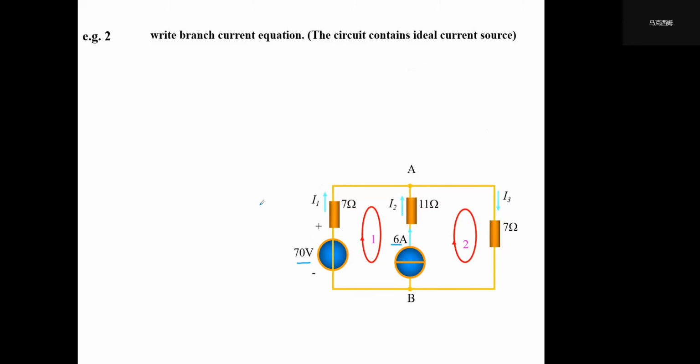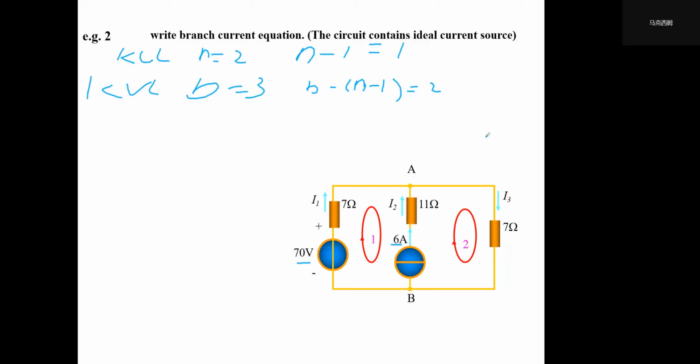Let us write the branch current equations. We know that we have 2 nodes, so N minus 1 equals 1, and 3 branches, B equals 3. B minus (N minus 1) equals 2. So we have 2 KVL equations and 1 KCL equation, right?